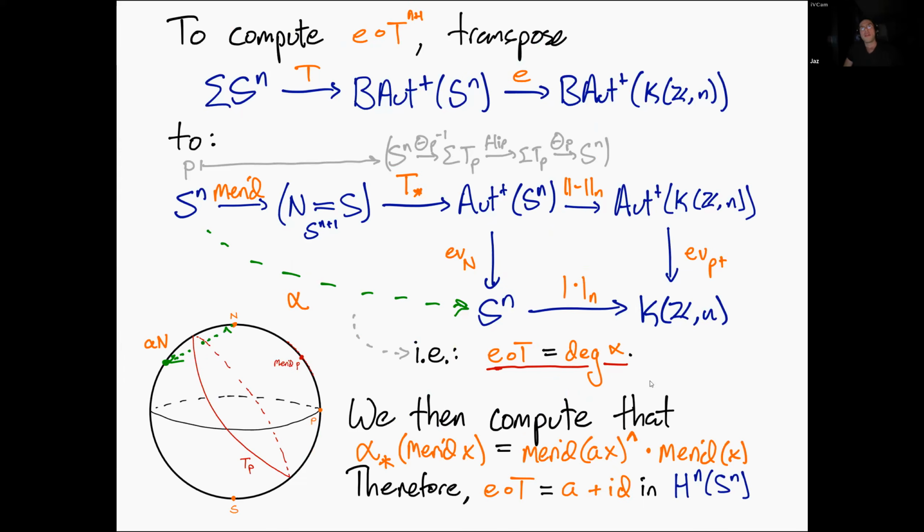Okay. So now let's actually compute what the Euler class of the tangent space is. And this time, now I've bumped up my degree by 1. This time it's correct.